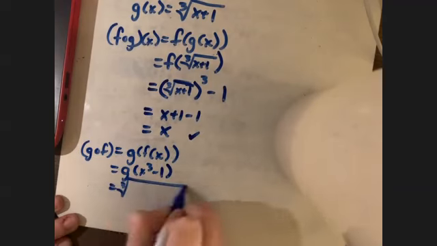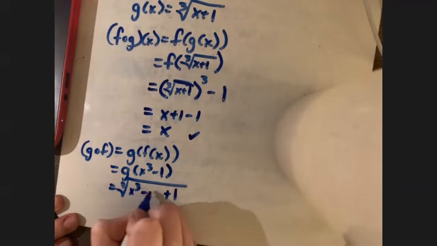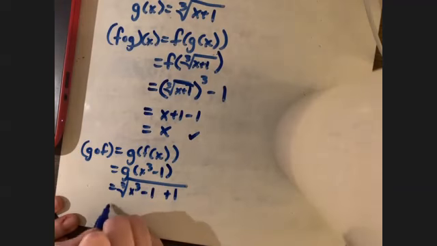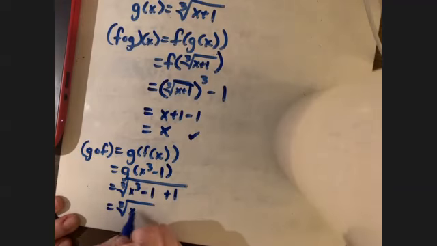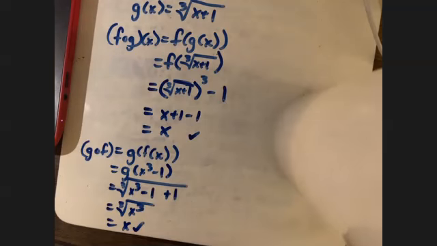Give me the cube root of x cubed minus 1 plus 1. The minus 1 plus 1 will cancel off, and the cube root and cube are going to go away. Now, because I got plain x and plain x, they are inverses of each other.